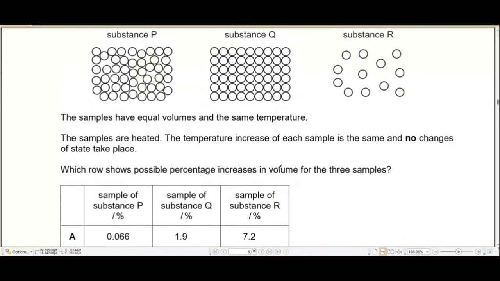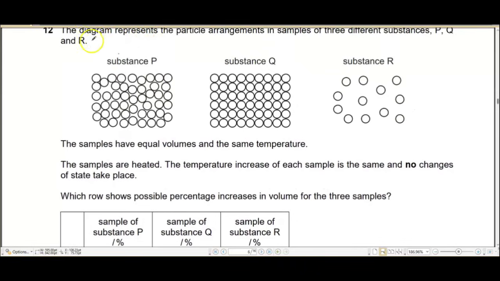Okay. We can see that this one is a liquid, this one is a solid, and this one is gas. So if the state isn't changing, gas is going to have the greatest increase in volume.